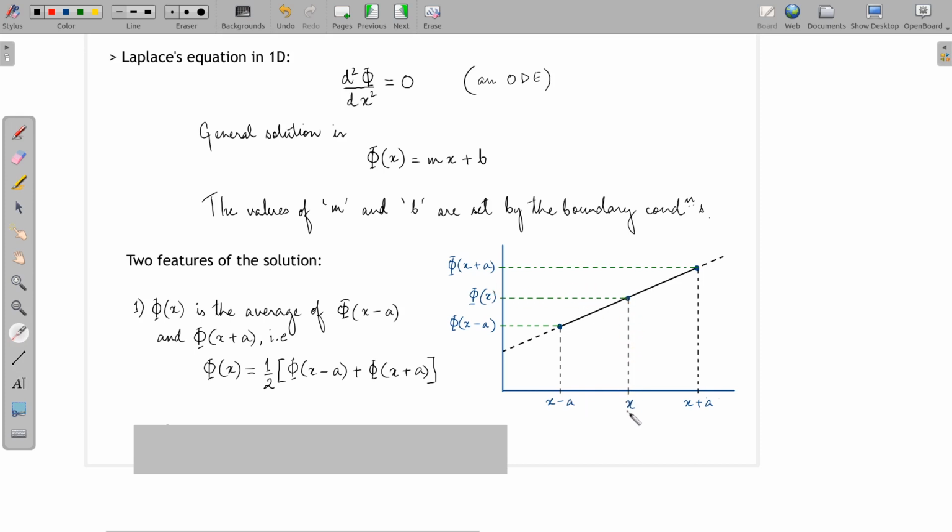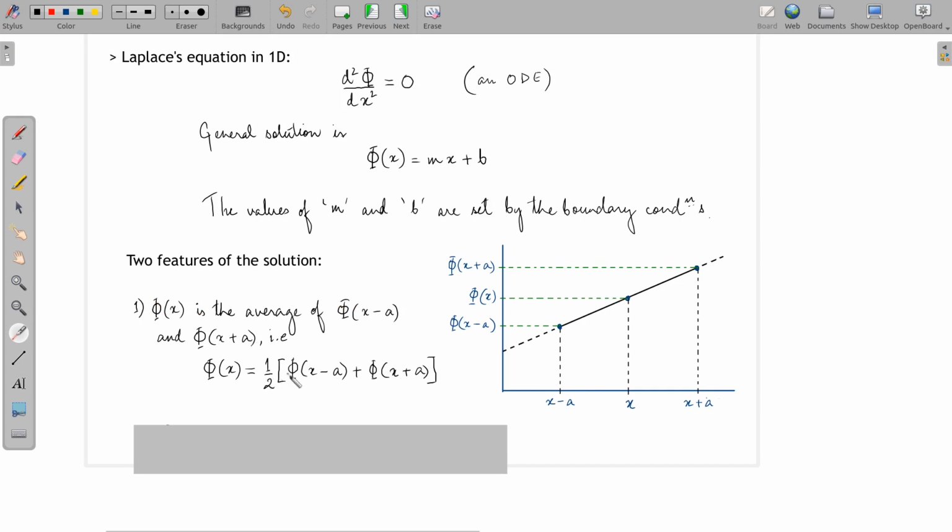Without actually knowing it, suppose I know the value of the potential at x minus a and at x plus a. All I need to do is find the average of these two values, and that is going to give us this value. So phi at x is the average of phi at x minus a and at x plus a, and how do you find this average?